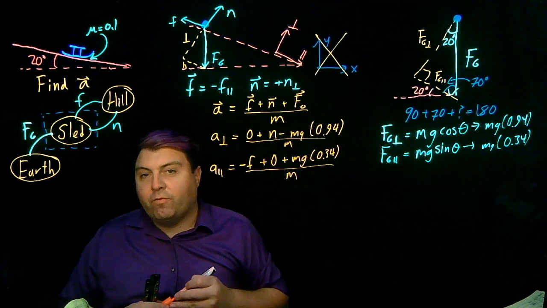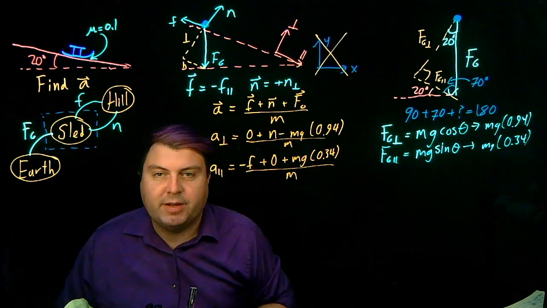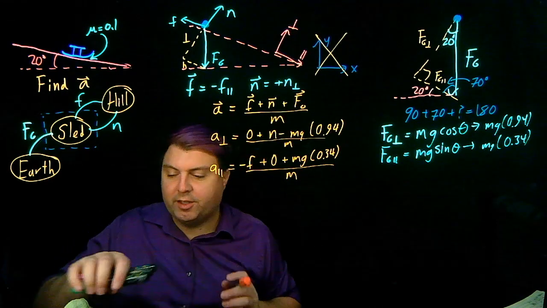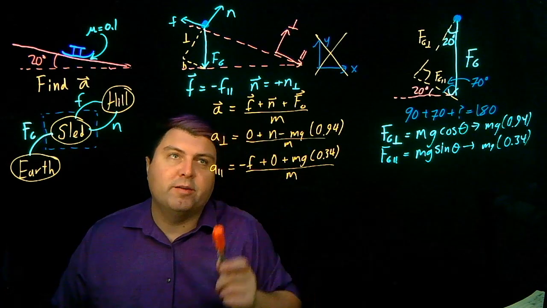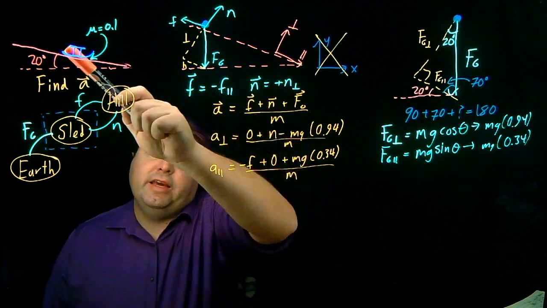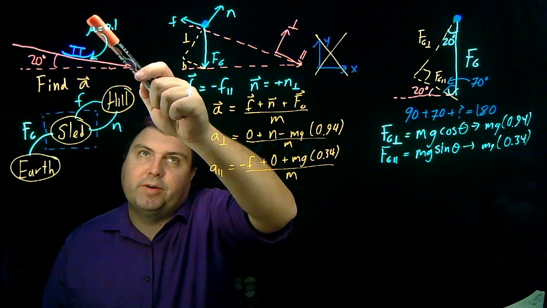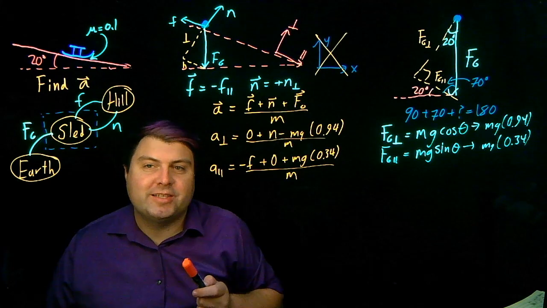Right now we don't know too much, because we have both an acceleration perpendicular and an acceleration parallel. We don't know either of these, and we don't know the normal force. We're in a bit of a bind. But if we think about it, can this sled move through the surface, or can it float above the surface? We'd say no, it can't.